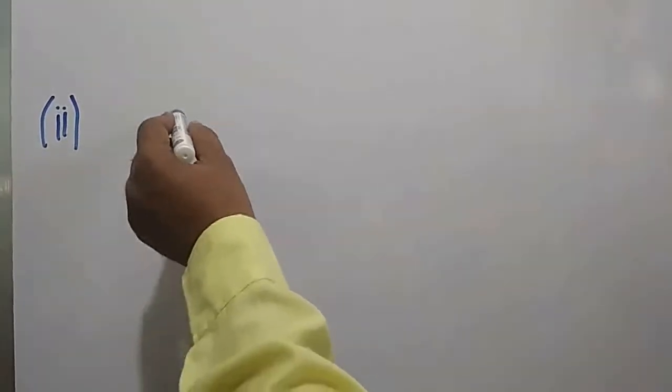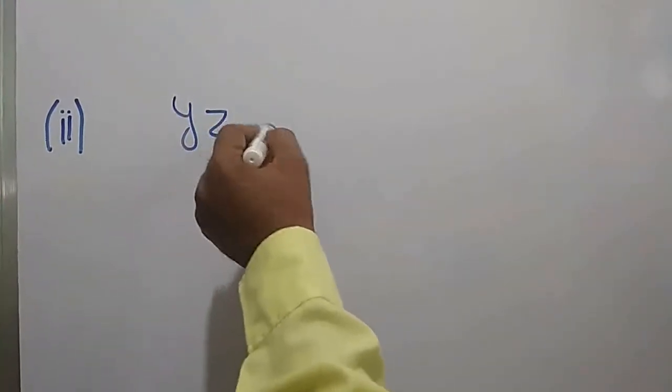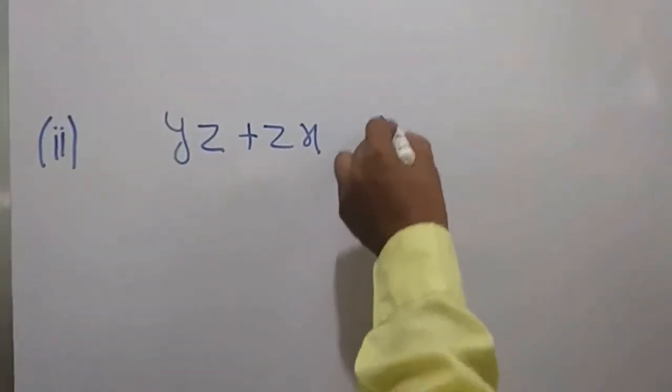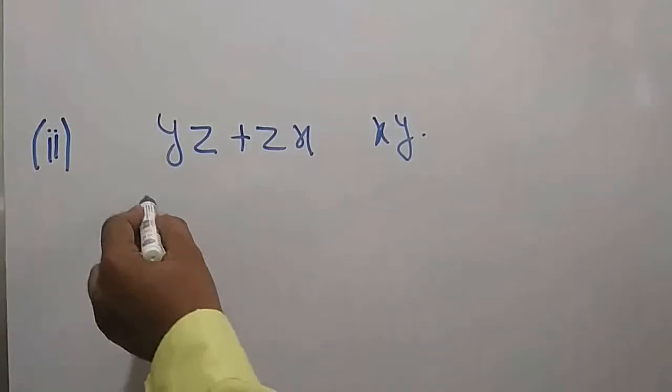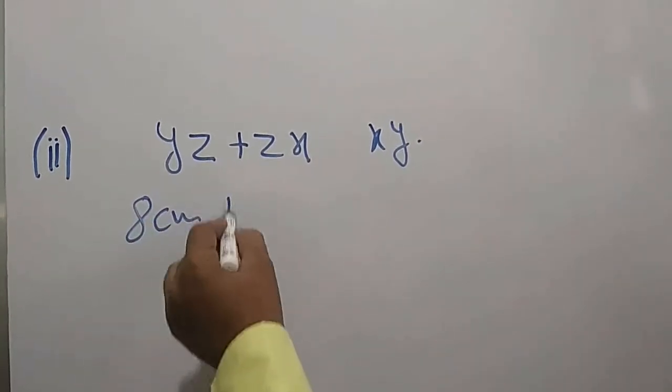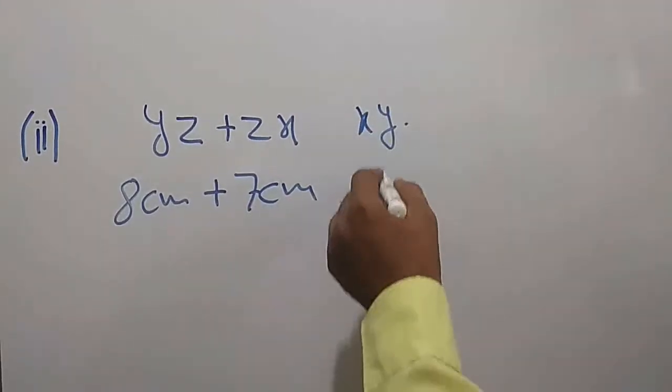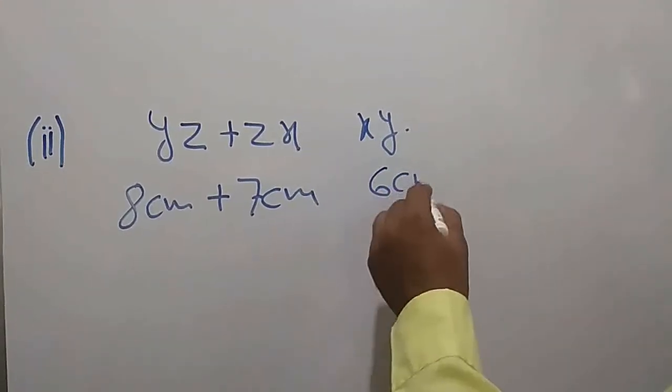Now the second condition for the second triangle. This time we add YZ with ZX and compare this with XY. The measurement of YZ is 8 centimeter, ZX is 7 centimeter, and we compare with XY, which is 6 centimeter.